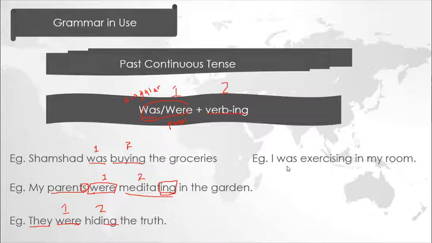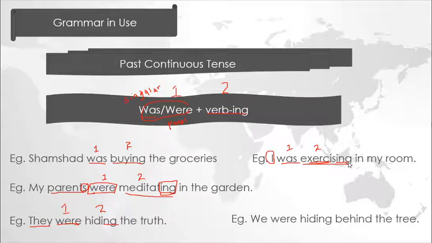I was, I am singular, right? So we use was. Here we also have used was with singular and were for plural. I was exercising. So was is the first component, and exercising being the second component. Verb exercising, it shows action with ing.